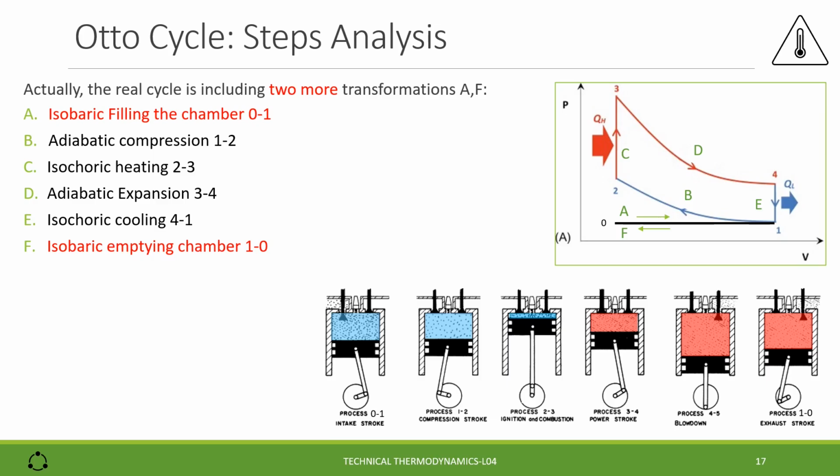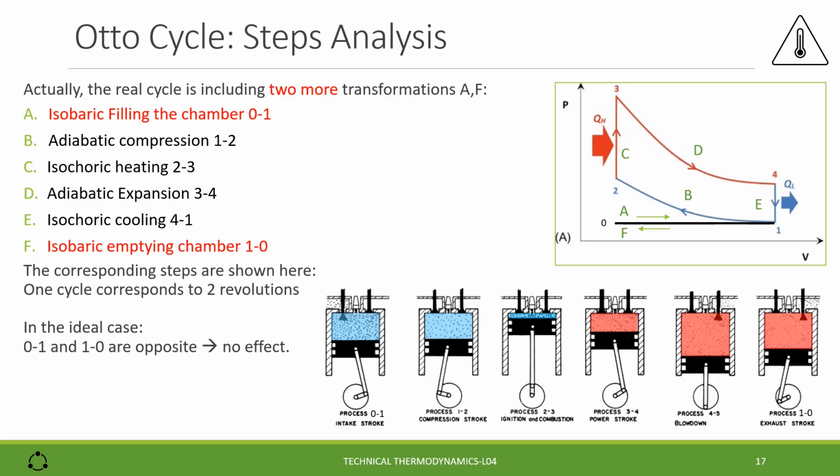The steps are also represented graphically with the piston position inside of the cylinder and the corresponding opening of the valves. We remember that one cycle corresponds to 2 revolutions of the shaft.